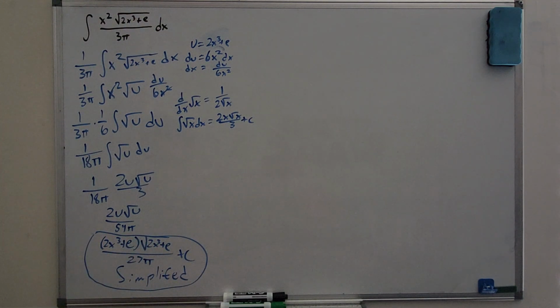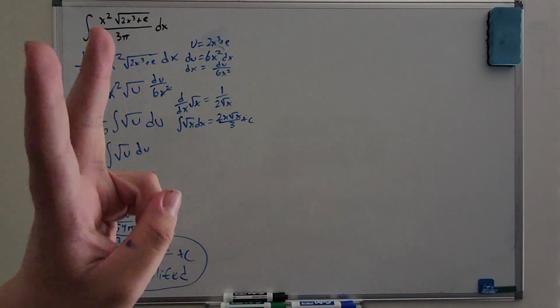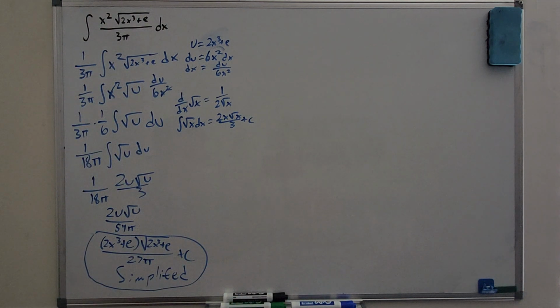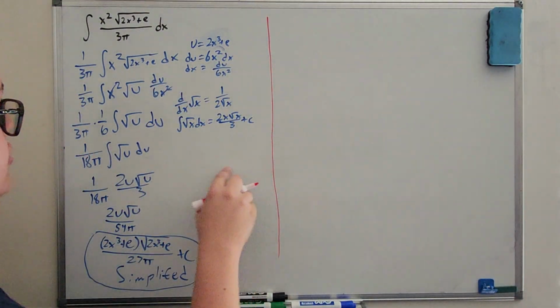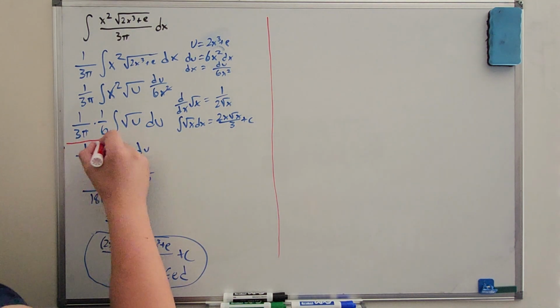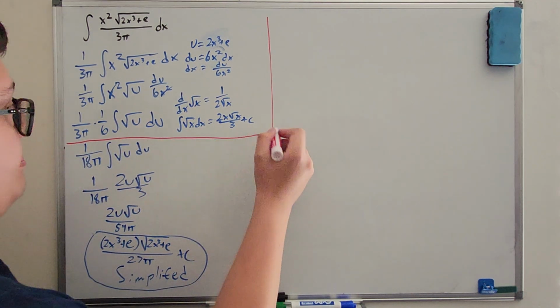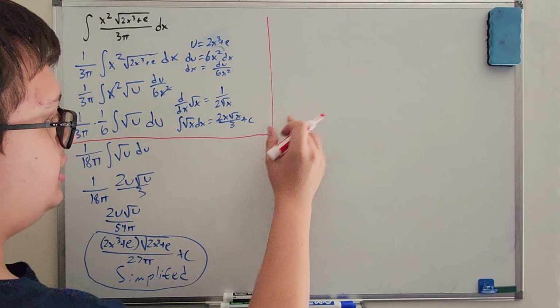But now what I want to do is show the exponent form answer. So I'm going to divide this board in half. So what we can do is skip here, because you can do that.